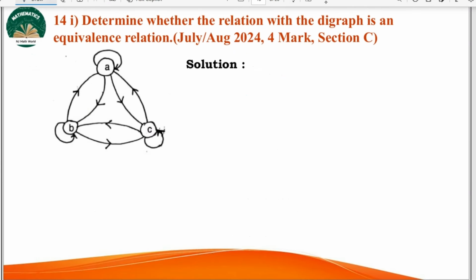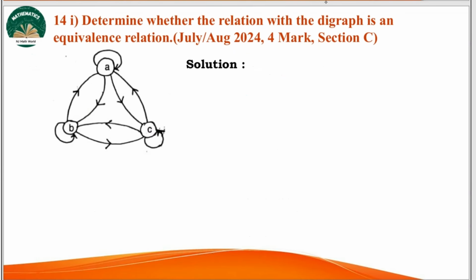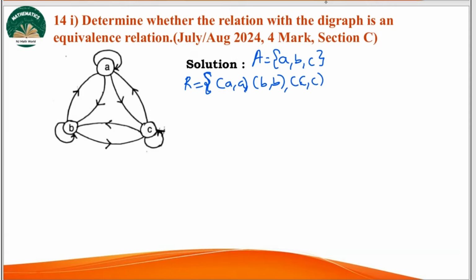So here we determine whether the relation given by the digraph is an equivalence relation. Here they've given A is {A, B, C}. Then R has a self loop for all, so it will be A comma A, B comma B, C comma C. Edges are there.